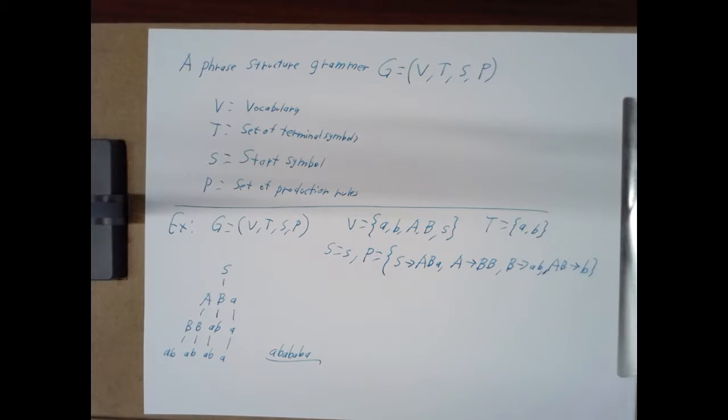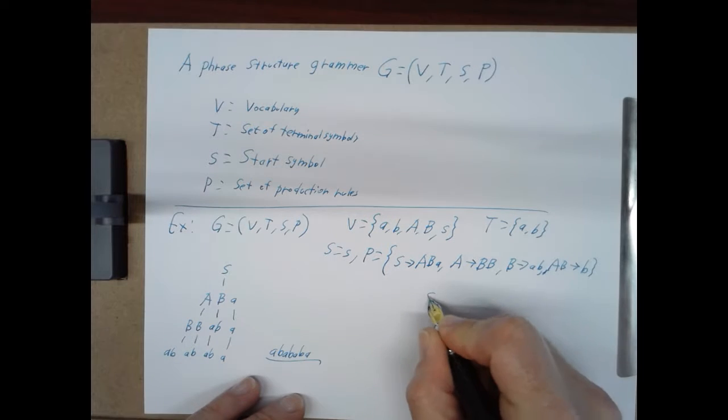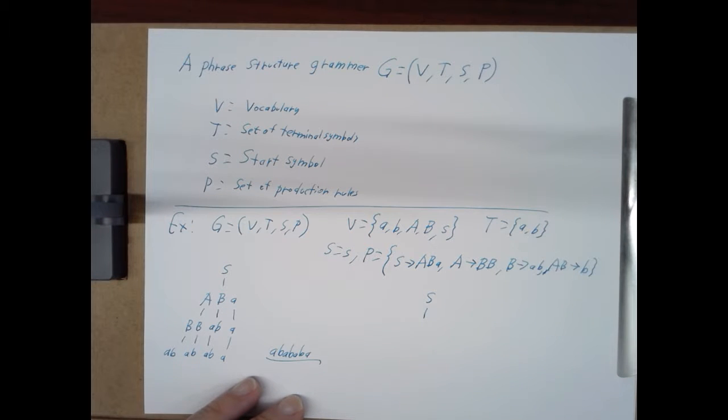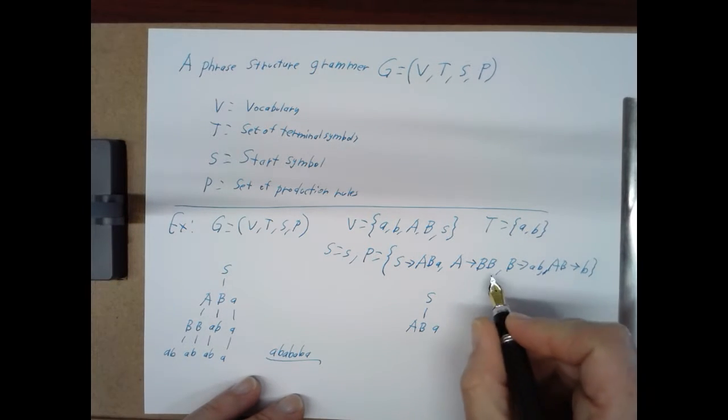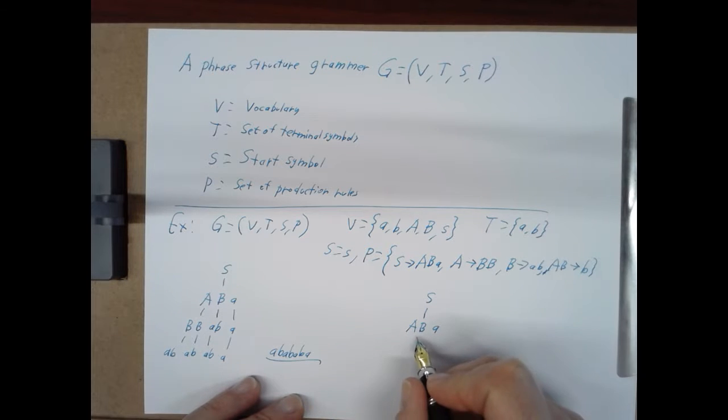So is there anything else in our language besides this string? Yeah, so S can be replaced with A, B, A. But we have a rule that says big A, big B can be replaced with little b.